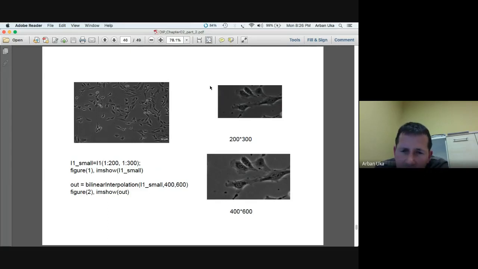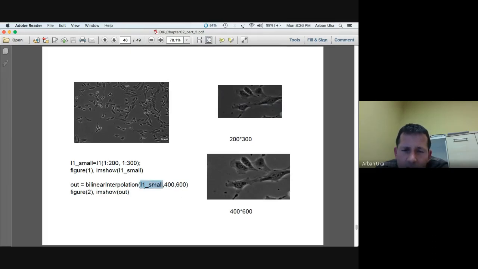This is in the literature; you can find papers that do this. In this case, what can you do? If you have a certain convolutional neural network which performs better on small objects, what you can do is blow up the original image like this one. It was 200 by 300. We just blow up this one, which is this I small.